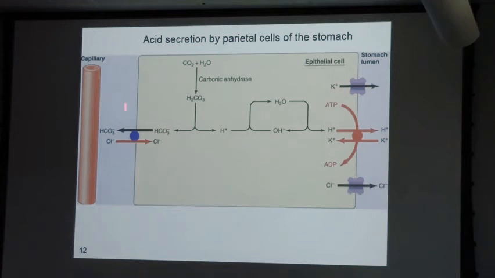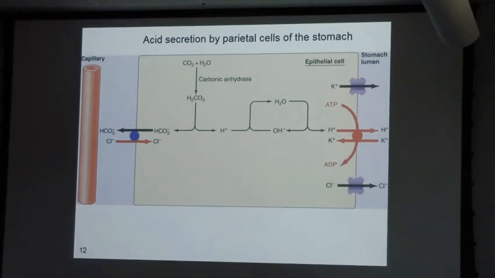Here is the serosa, or the serosal side. It's not really the serosa because we're still in the endocrine, but this is the blood side, and this is the lumen of the stomach over here. So this acid, let's not get into this weird chemistry, I don't know why they do this. This acid is pumped by a proton ATPase into the lumen of the stomach.